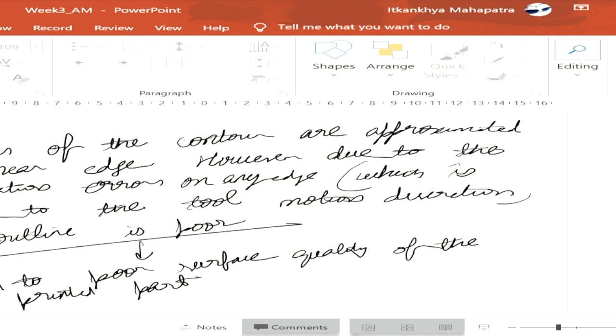Now we understood what is the raster path and zigzag path. Next we'll move on to contour path.